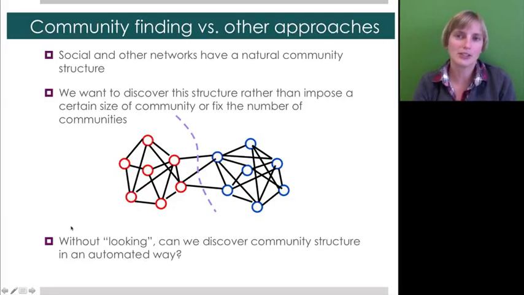In this last section on community finding, I'd like to discuss how one actually goes about discovering communities in networks. We talked about how simply looking for cliques or K-cores, etc., can be a little bit arbitrary.